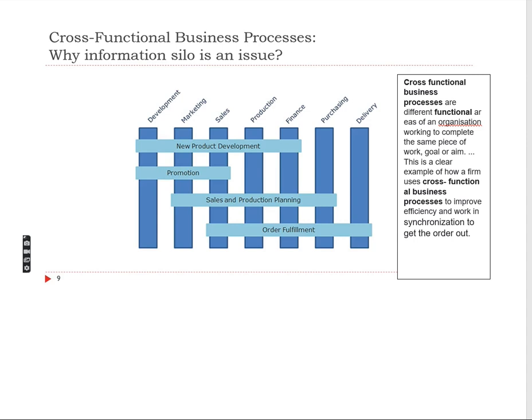So the whole point here to make the business operate more effectively and efficiently is to develop what they call a cross functional business process. Okay. And all these silos are fine, they're out there.